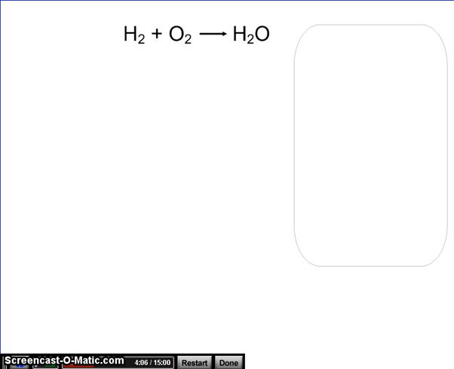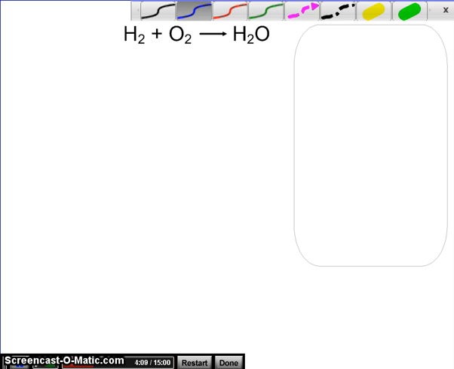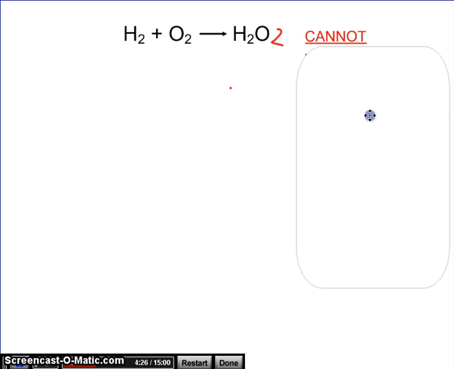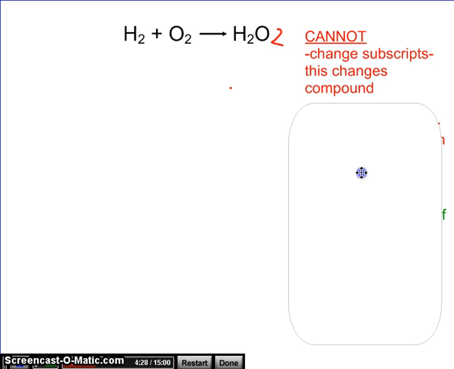So there's a couple of things that a lot of people want to do right away. They'll say, oh, well, I just need another oxygen, so I'll just put a subscript of 2. And then I'll have 2 oxygens on the product side, 2 oxygens on the reactant side, and I'll be good. However, you cannot change subscripts.